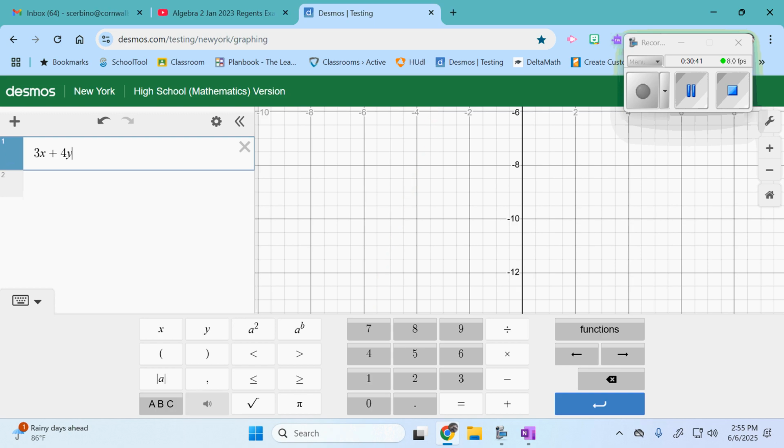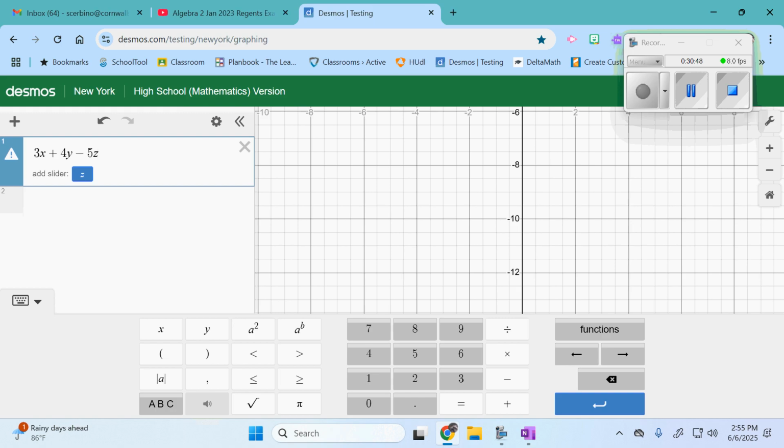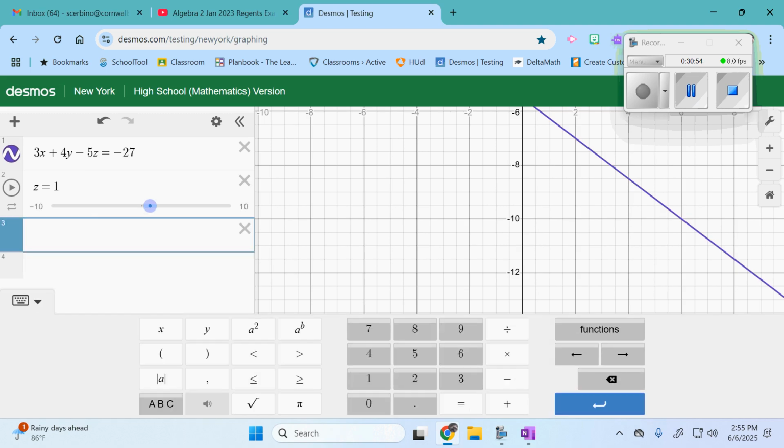So we're going to add 4y, we're going to subtract 5, and we'll put in z, and then say it's equal to negative 27. It's going to ask you to add a slider. You can go ahead and add it. Then we're going to type in the next 2 equations. It should not ask you to add any more sliders because we've already added one for that variable z.